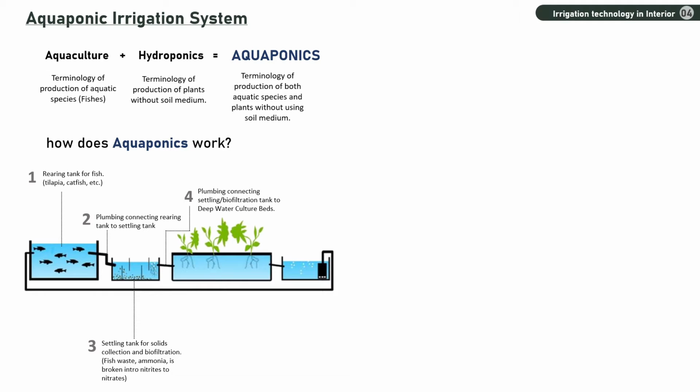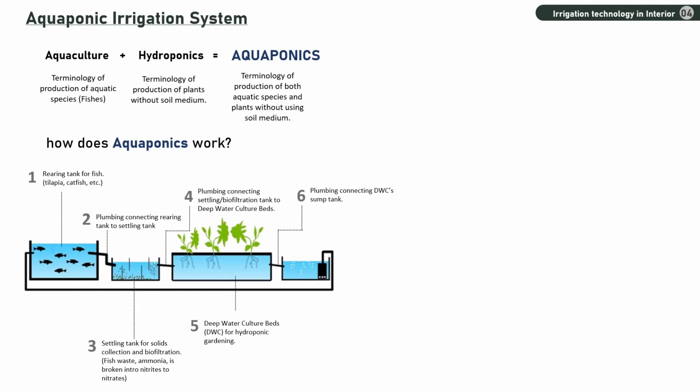For the fourth step, we have the plumbing connecting the settling or biofiltration tank to deep water culture beds. For the fifth step, we have the deep water culture beds for hydroponic gardening. Here the plants remove nitrates and nitrites from the system.